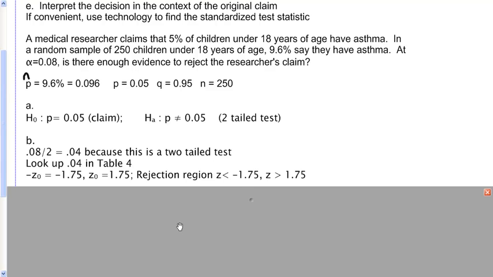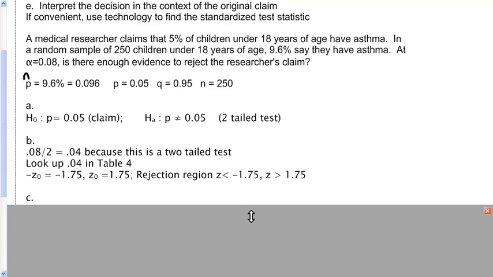So you look up 0.04 in the table, in table 4 in the back of the book, and you find out that the two rejection areas are negative 1.75 and positive 1.75. So the left-hand side of the graph is going to be everything below negative 1.75. The right-hand side is going to be everything above 1.75.